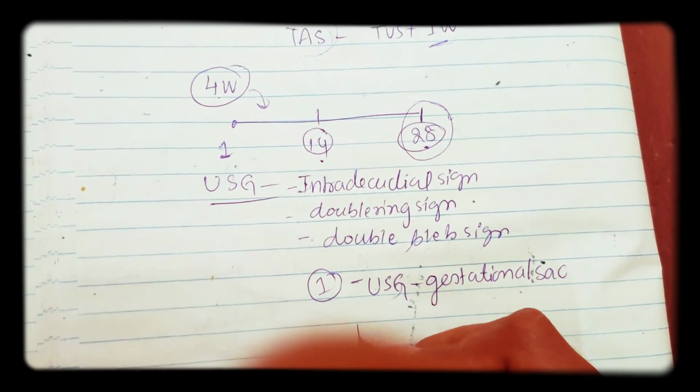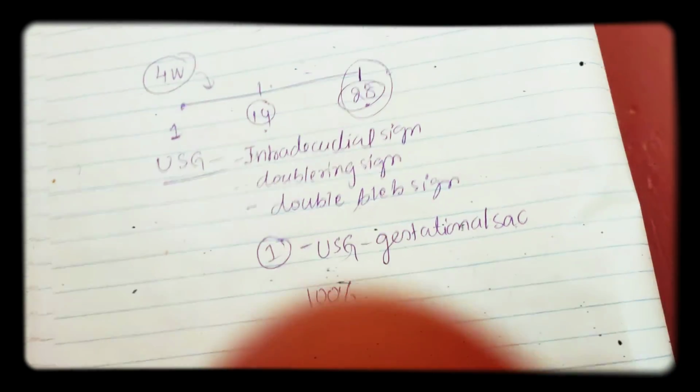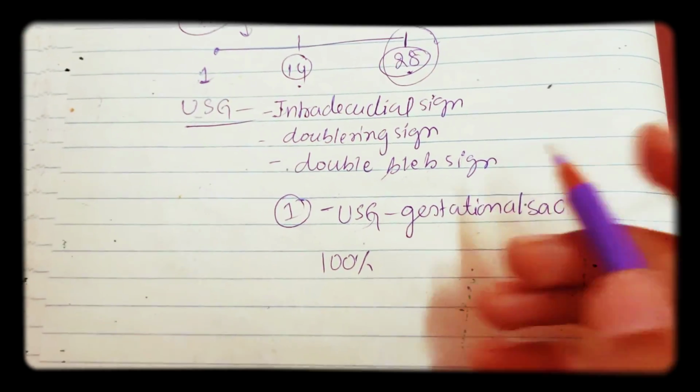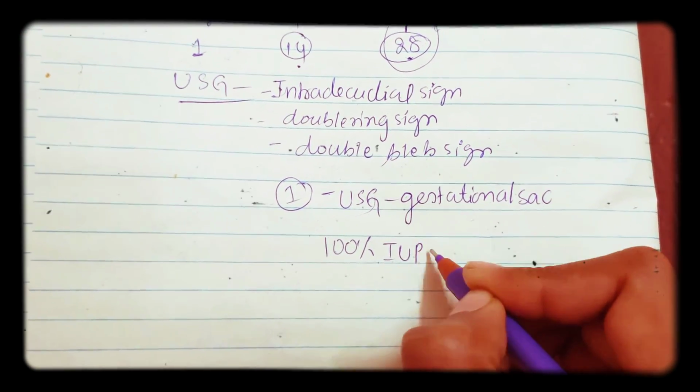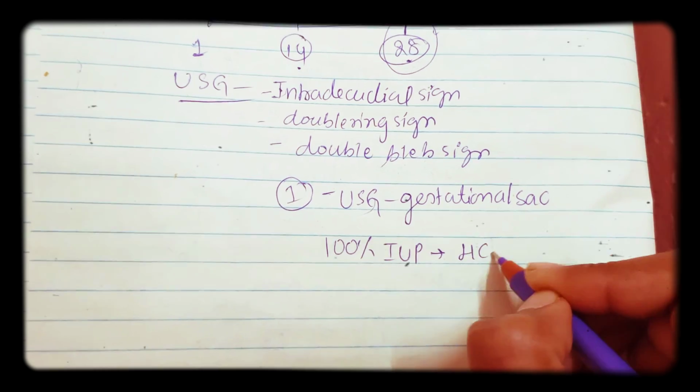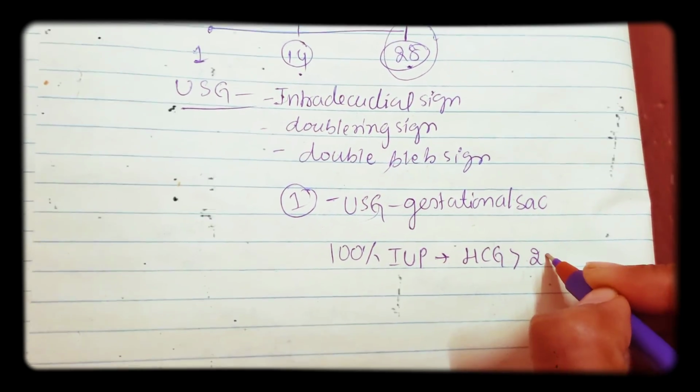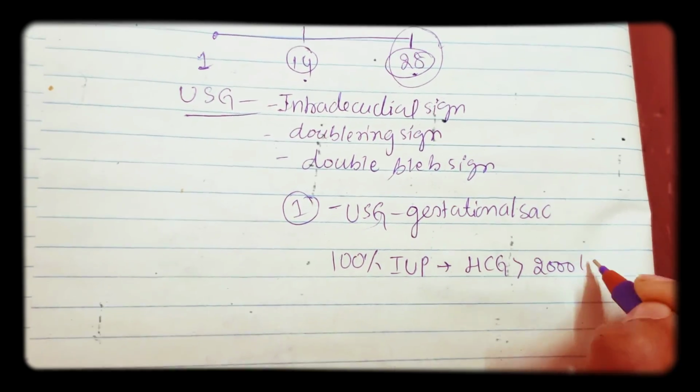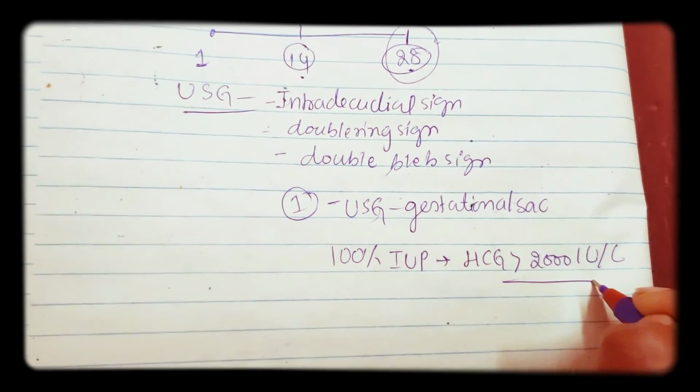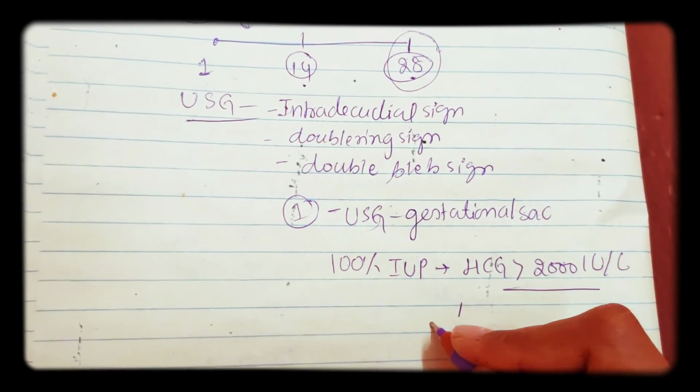Next, in 100% of intrauterine pregnancy, mainly what you will see is the HCG level should be greater than 2000 IU per L. This is a discriminating zone or the critical value.